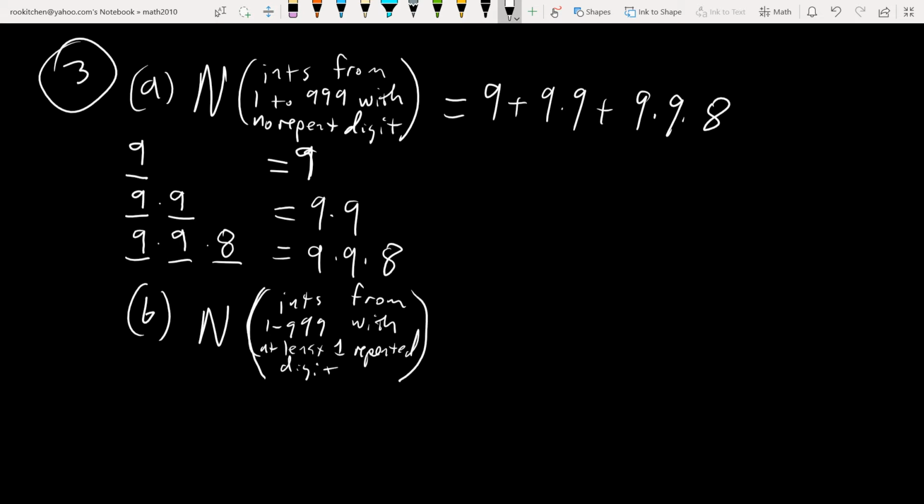So how do we figure this out? Well, it's going to be the difference between the total number of integers between 1 and 999 and this other set, the integers that have no repeated digits.